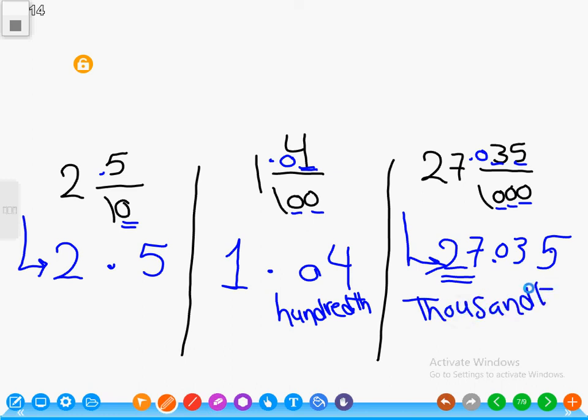Thousandths. So, to put the decimal point, count how many zeros? 3 zeros, so count 3 digits. 1, 2. I want another digit here, so put 0 and put the decimal point after 3 digits.